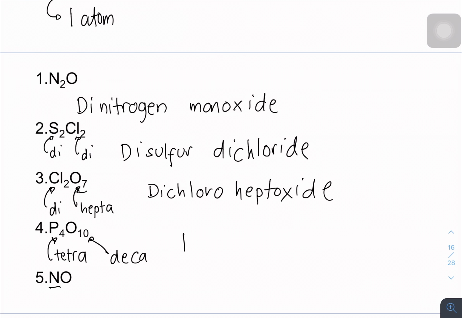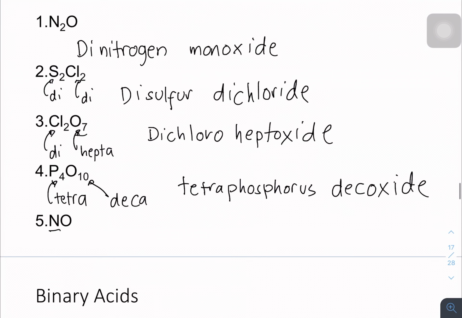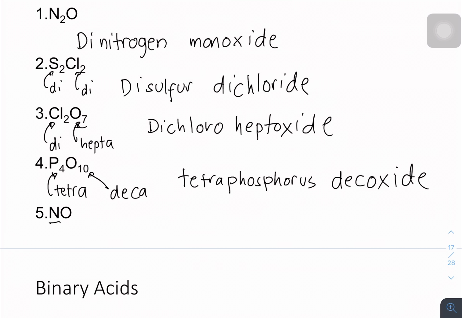So that will be tetraphosphorus decoxide. Lastly, nitrogen monoxide, as mentioned earlier. If the first element has one atom, no need to write mono. For oxygen, there is only one atom, so it is necessary to write mono. So that will be nitrogen monoxide.